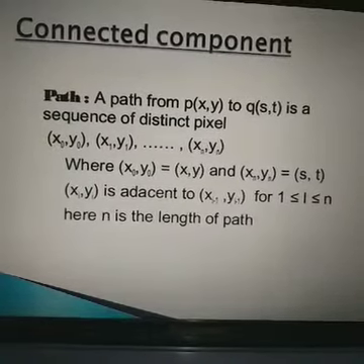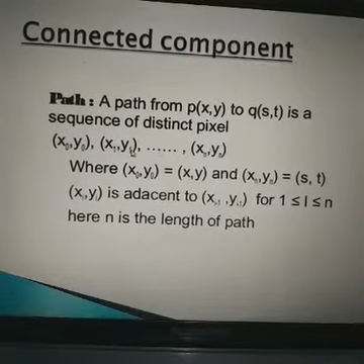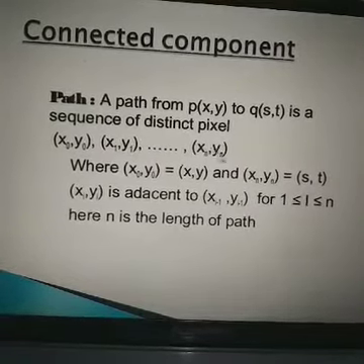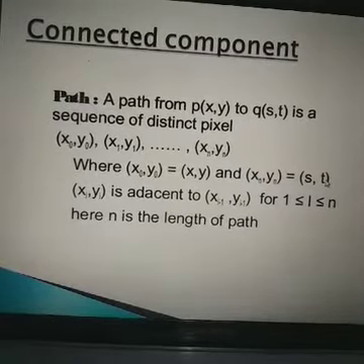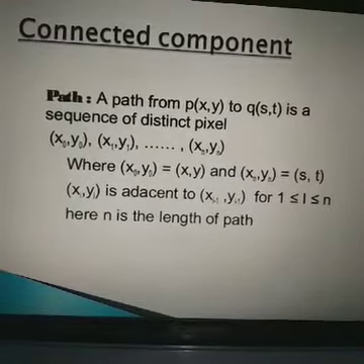Any image can be represented by a sequence of pixels having the values x0,y0, x1,y1, and so on up to xn,yn, where x0,y0 is equal to x,y and xn,yn is equal to s,t, the source and destination points. So xi,yi is adjacent to xi-1,yi-1 for 1 less than or equal to i less than or equal to n, where n is the length of the path.